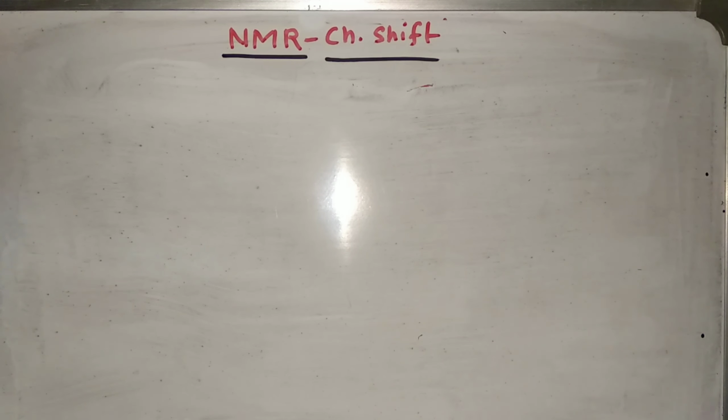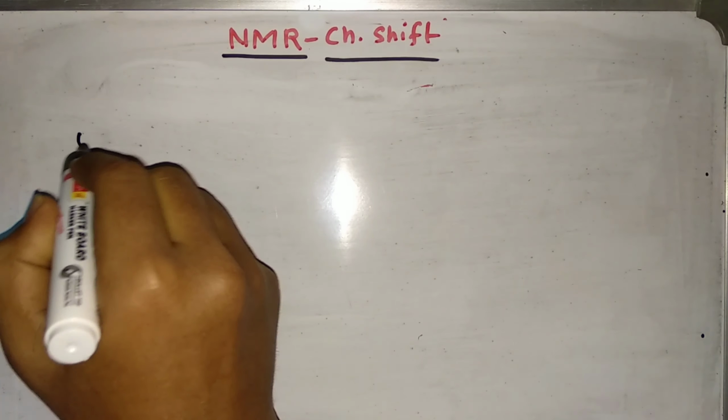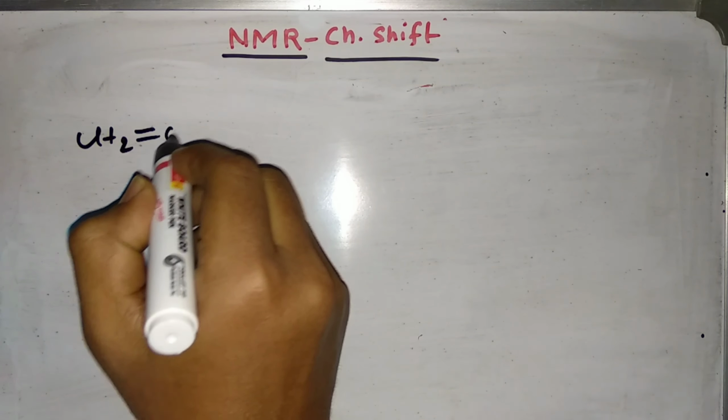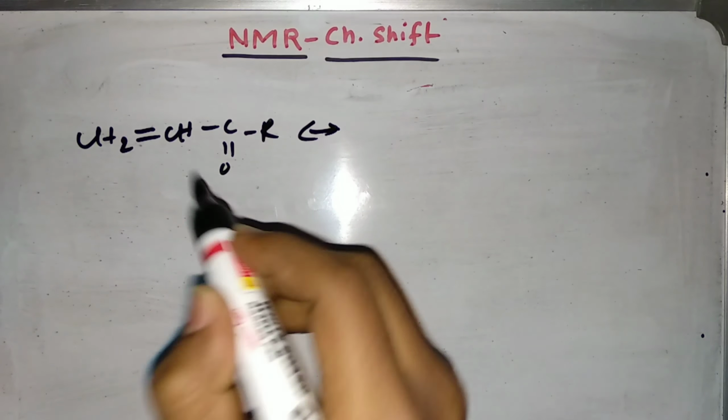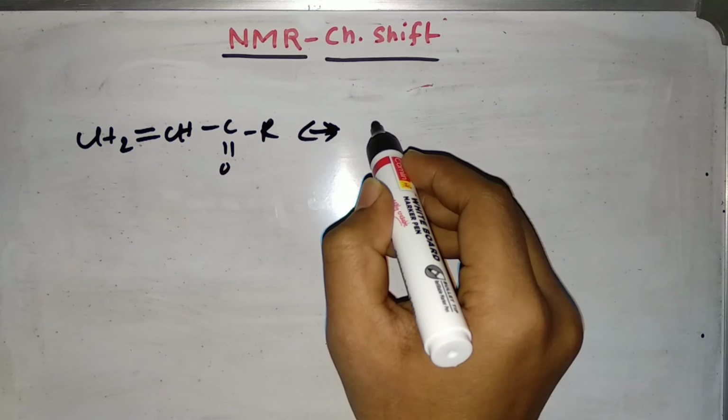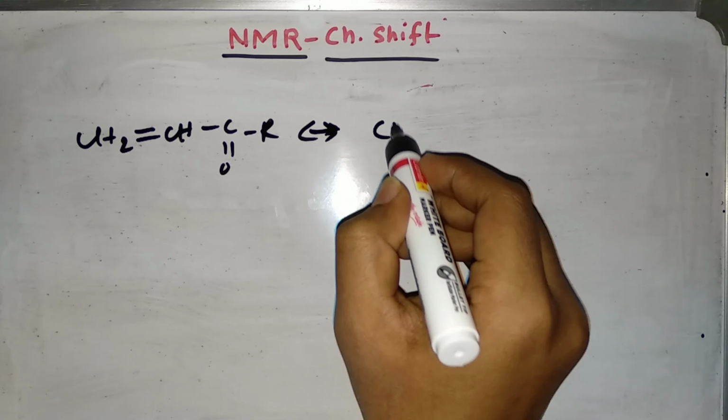Now coming to another point, that is resonance effect. So let's take an example, that is CH2=CH-C double bond OR, and here the resonance like this may occur.